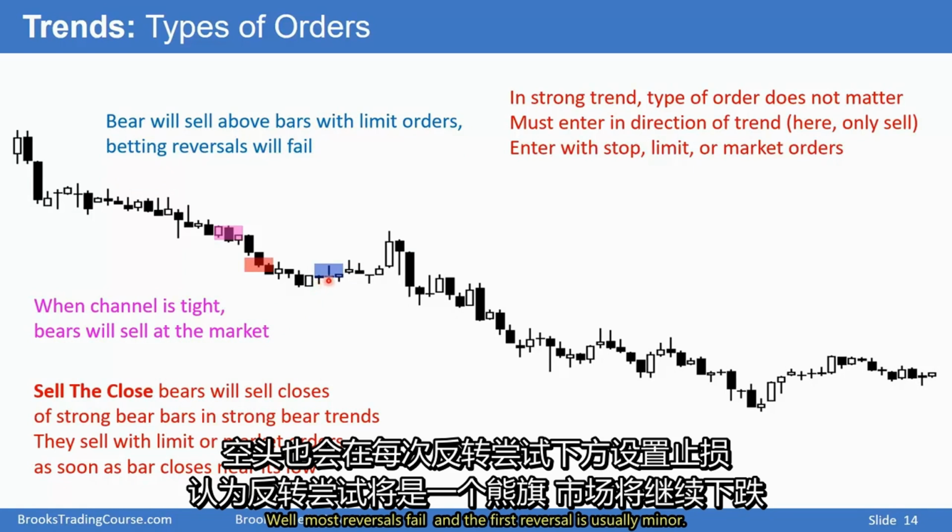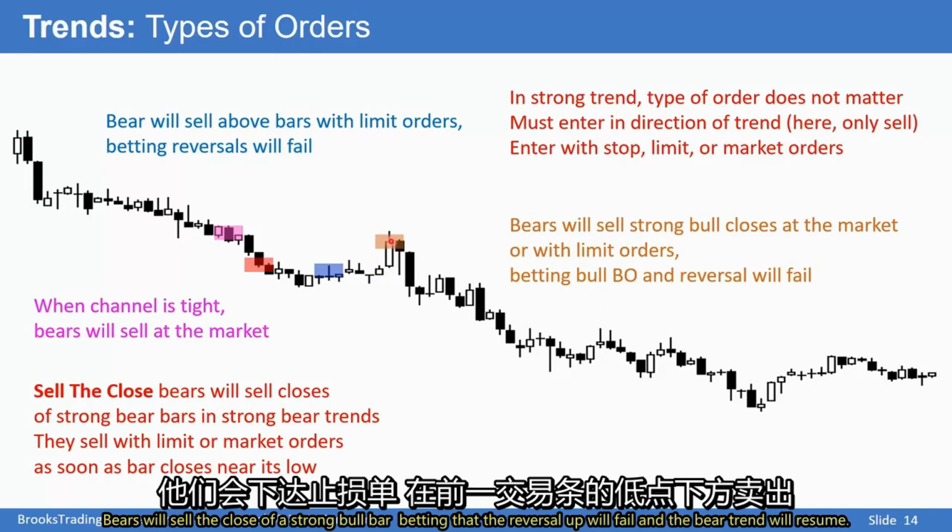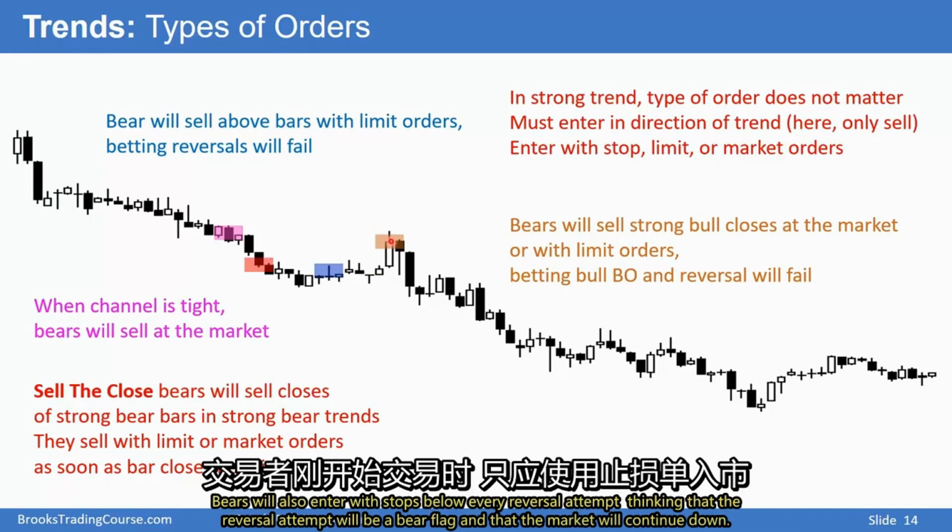Anytime the market is trying to reverse, bears will sell with limit orders at the high of the prior bar, betting that the reversal will fail and become a bear flag, and the bear trend will resume. The bull's trying to get a reversal? Well, most reversals fail, and the first reversal is usually minor.